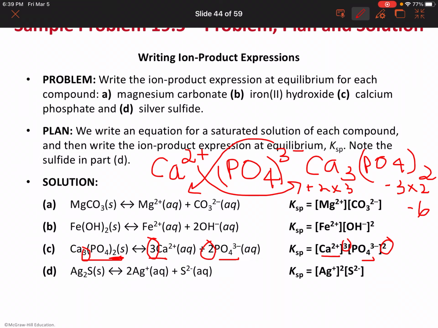And silver sulfide, Ag2S: silver is plus 1, sulfide is negative 2 charge. This formula gives 2 silver plus ions and S2-. So the KSP would be silver plus raised to the power 2 times the sulfide ion. That's how you write the ion product expressions.